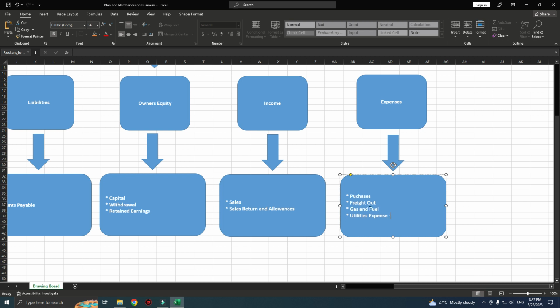Utilities expense can be categorized into electricity, water, telecommunications, and internet.